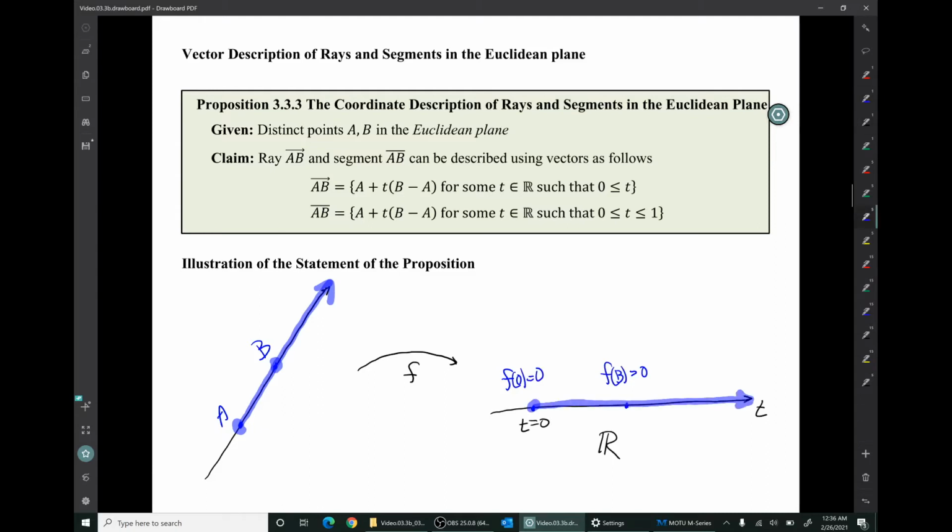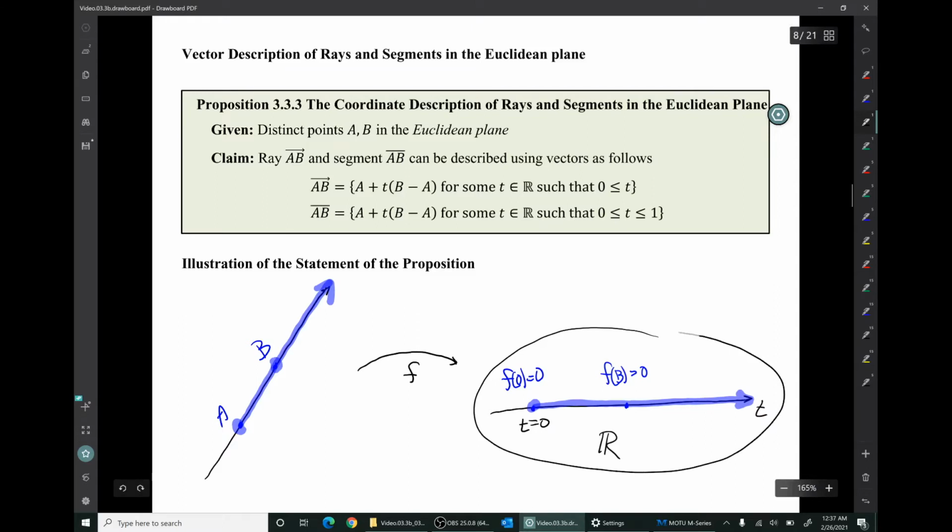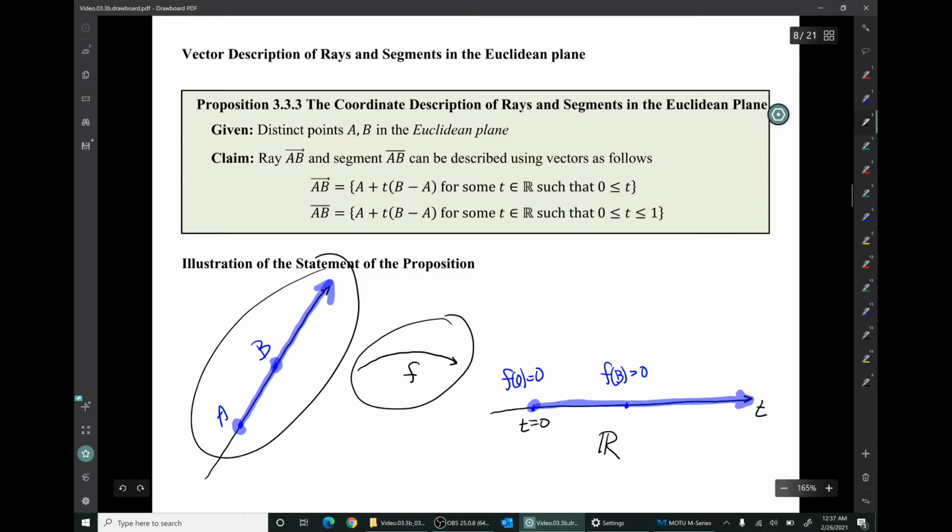There you see an illustration of how this proposition was proven, and also of what it says: that the points on this ray AB can be constructed using this vector operation, and those points would be points whose coordinates, using that special ruler, are numbers greater than or equal to 0. Here's the t-axis. I'm using the parameter t, not x. So the points on this ray, using that special ruler, will have coordinates that are greater than or equal to 0. Let's go on.